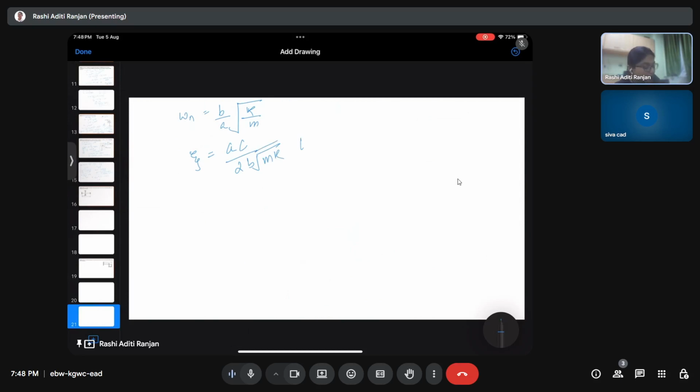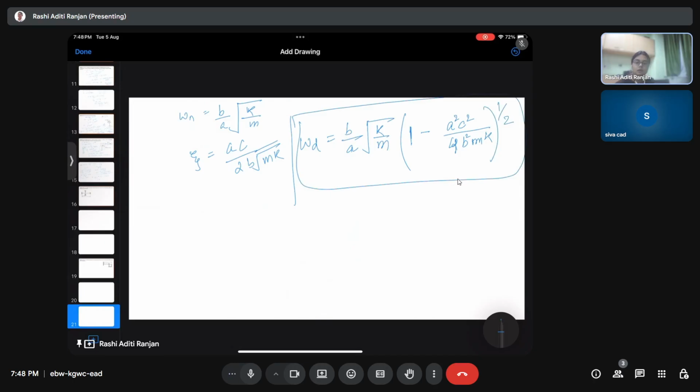So we can write omega d as nothing but B by A (K by M) into (1 minus A square C square by 4 B square M K) to the power 1 by 2. This is nothing but the damped natural frequency. I hope this is clear.